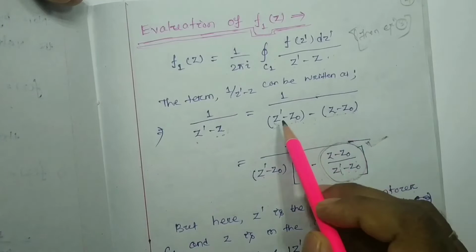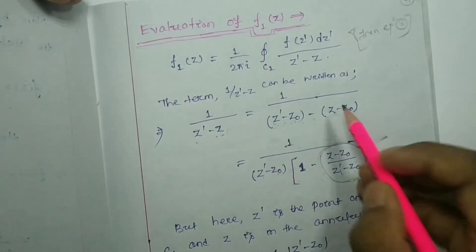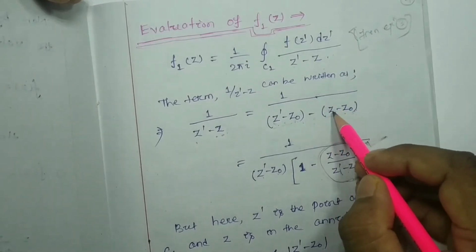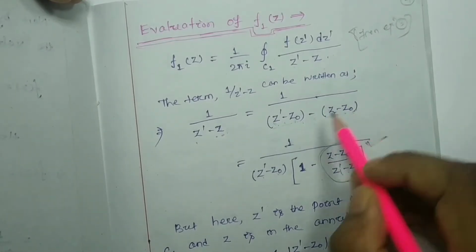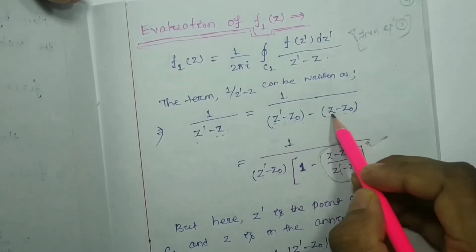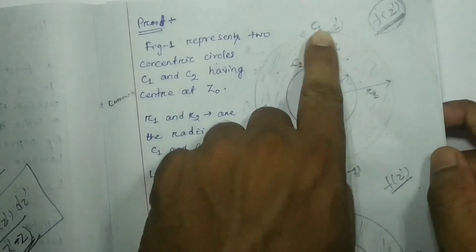That means the outer point minus the center, minus the point where we have to find the value minus the center. In this format we write it when we consider the outside circle.